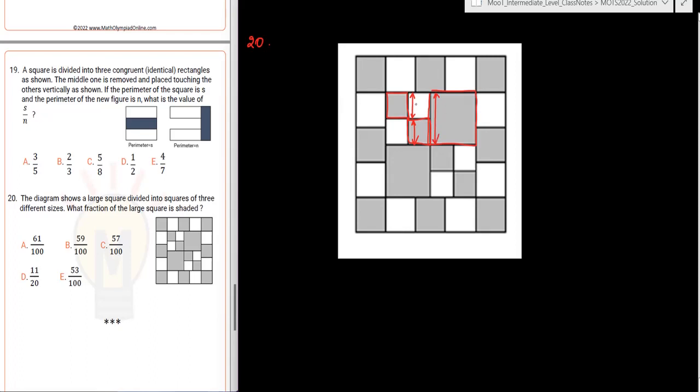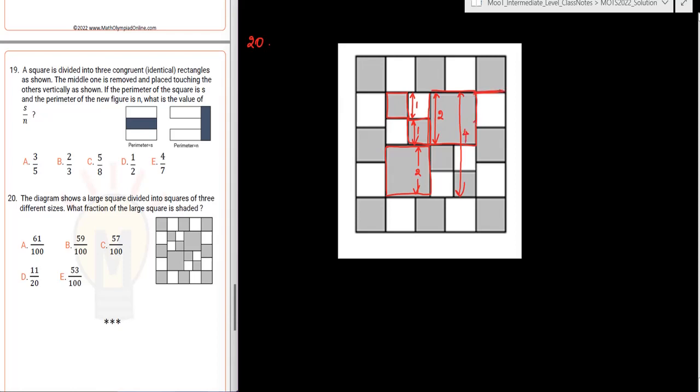So if I'm going to call this as, say, 1, and this is 1, this is going to be 2. If that is 2, then this big square here will also be 2. So that means from here to here, the total is 2 plus 2, that is 4.